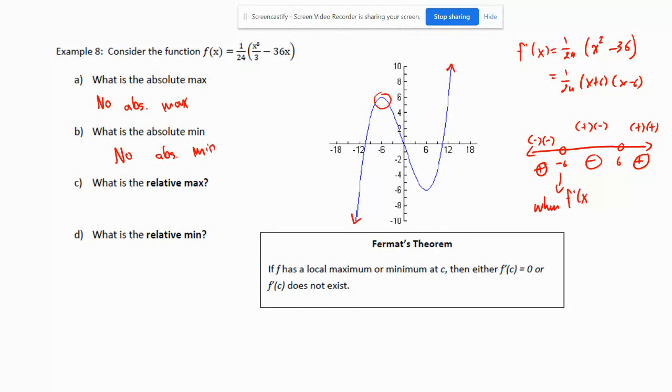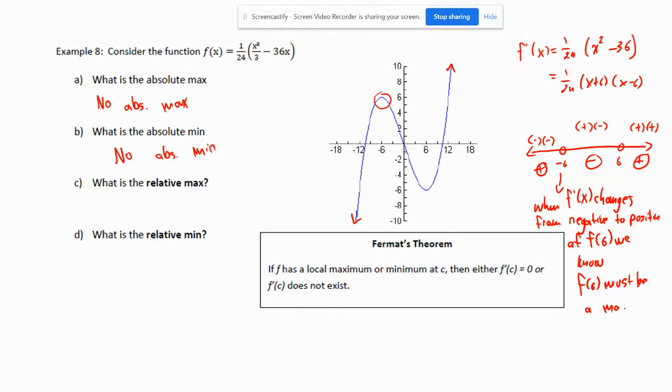So when f prime of x changes from negative to positive at f at 6, we know f at 6 must be a maximum.